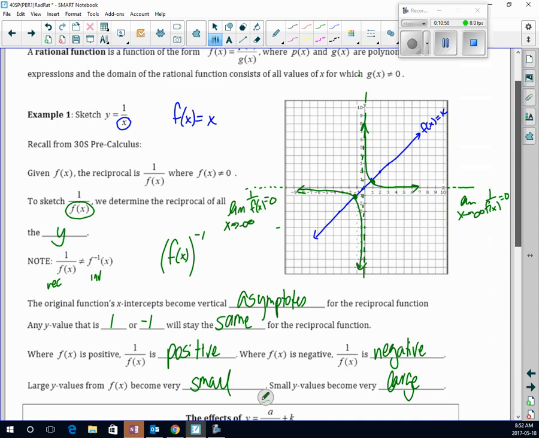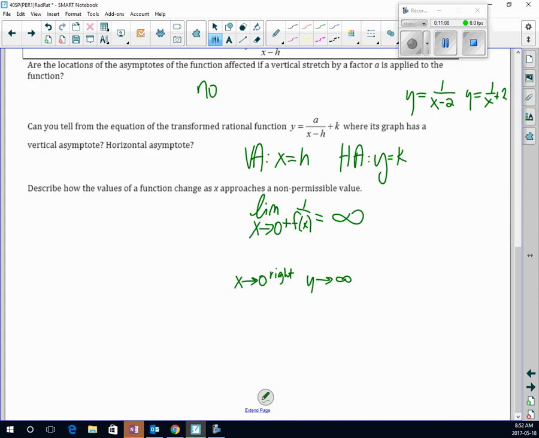When it's coming from the left and approaching x equals 0, it goes to negative infinity. So how would I write that? The limit as x goes to 0 from the left of 1 over f of x is negative infinity. And how the book writes it would be, as x approaches 0 from the left, y goes to negative infinity.